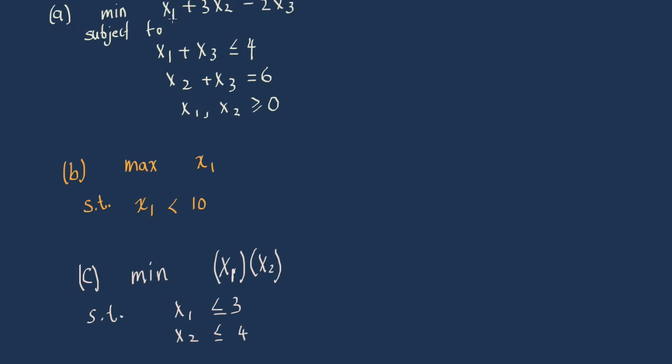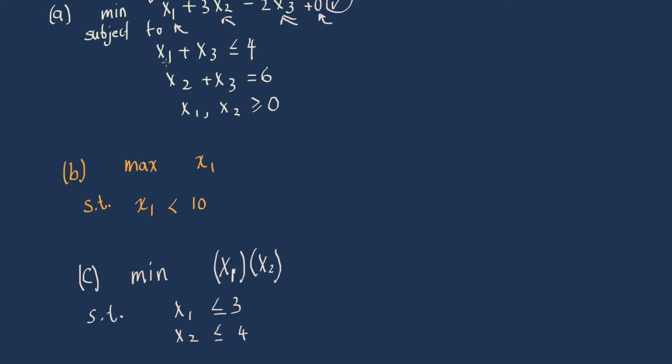Our minimization function is a linear function, since it has real coefficients with linear terms. Our beta in this case is 0, but it doesn't have to be. It could have been another constant as well, and that would have been okay too.